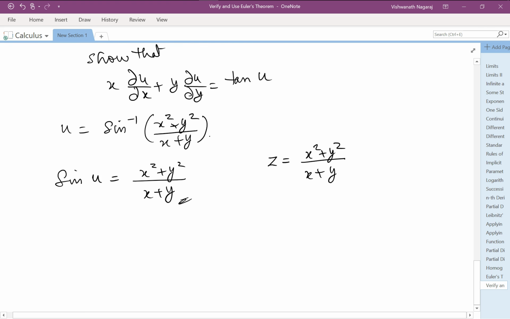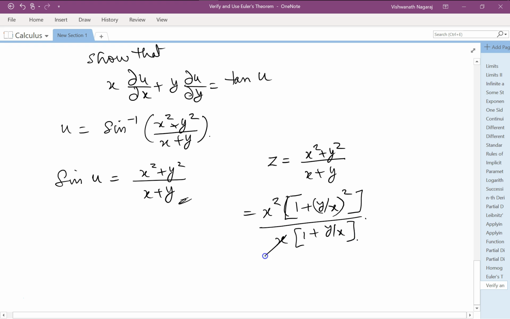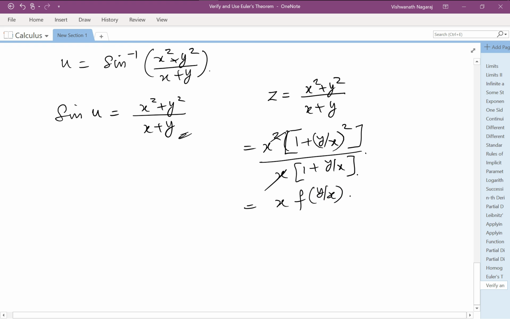We can write it as x square out: 1 plus y by x the whole square, divided by x common, 1 plus y by x. So the x cancels, and we can write it as a function of y by x, which means it is a homogeneous function of degree 1.